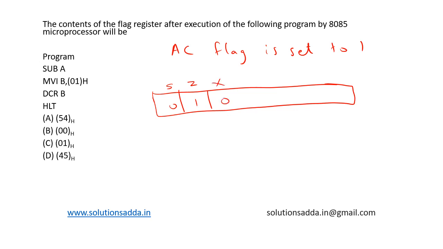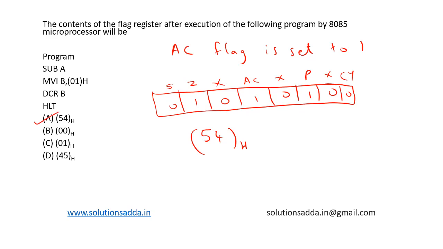Don't care, we are assuming it to be 0. Auxiliary carry flag is set to 1. Don't care is set to 0. Parity flag is set to 1. Don't care is set to 0. And CY flag is set to 0. So the contents of the flag register would be 54 in hexadecimal notation. So the final answer is option A, 54H.